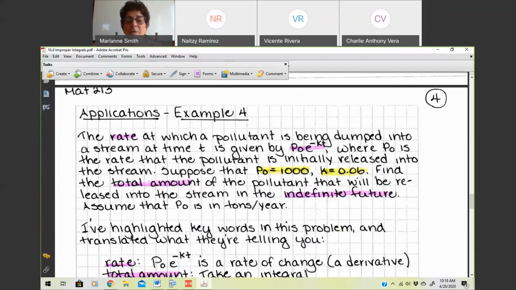So I'm assuming P0 is in tons per year. That means t is in years. And the rate at which we're dumping is decreasing 6% every year. So that's the model.